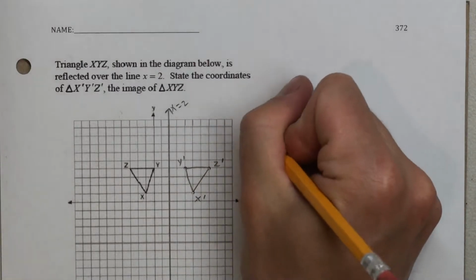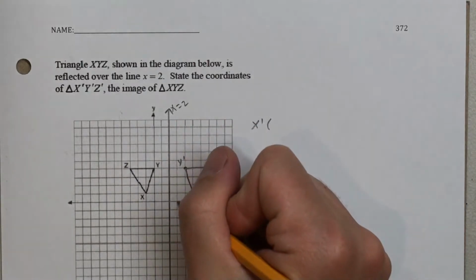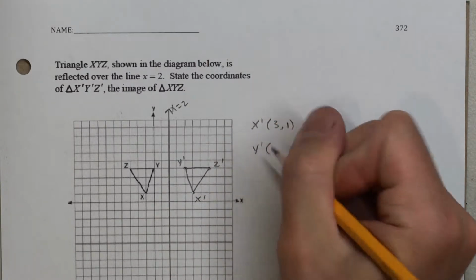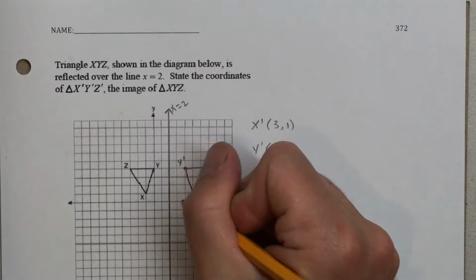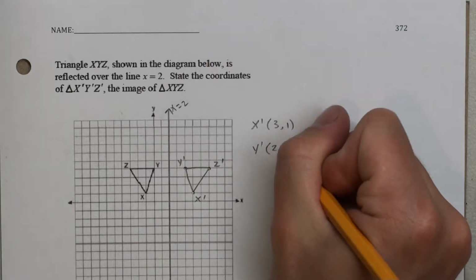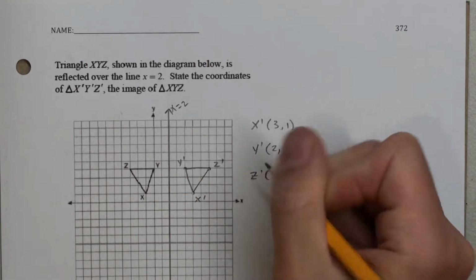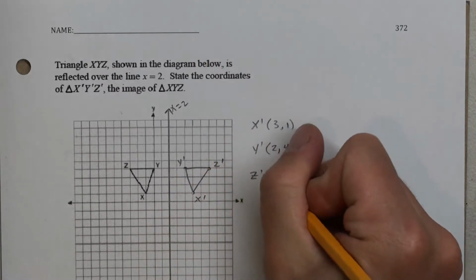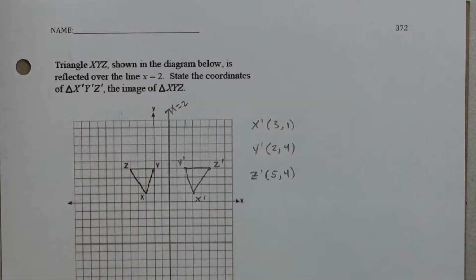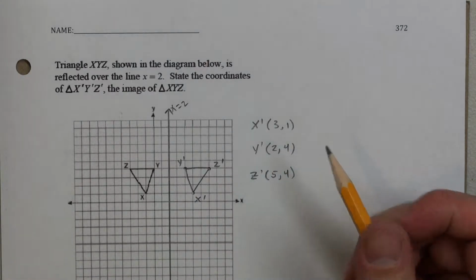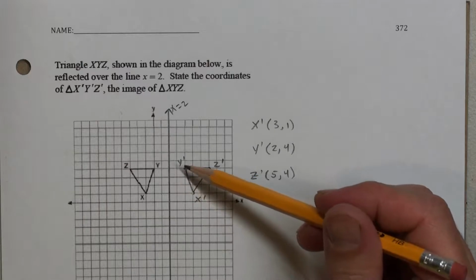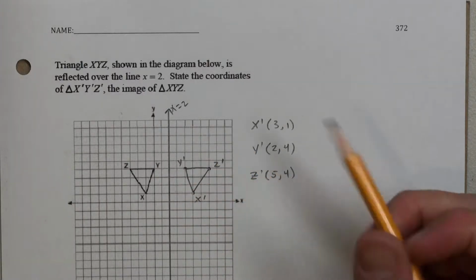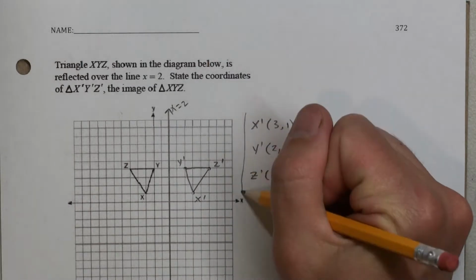So x prime would be 3, 1, y prime 2, 4, and z prime 5, 4. Okay. So let me just double check that. 1, 2, 1, 2, 1, 2, 3. So that's 5, and 1, 2, 3, 1, 2. Okay. So that's it.